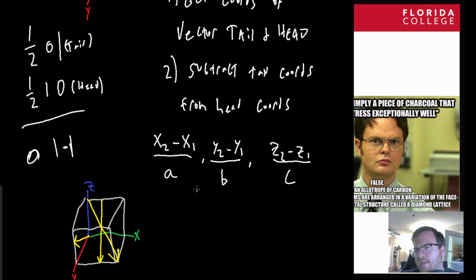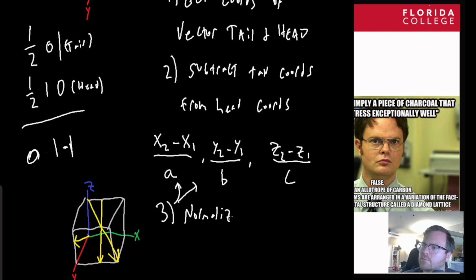Okay. Now you might be asking, well, we've done x2 minus x1, y2 minus y1, and z2 minus z1. But what is this divide by a, b, and c stuff? Well, that's step 3. Step 3 is to normalize in terms of our lattice parameters a, b, and c.